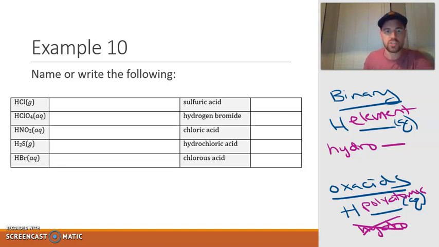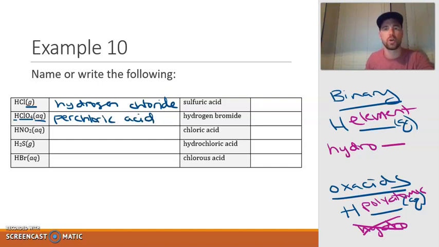Okay. So HCl gas, I notice it's a gas, so this is going to be hydrogen chloride. I'm not going to name it with acid naming rules. HClO4 (aq) has hydrogen, has aqueous, so this is an acid. It's a polyatomic ion. What is ClO4? It's perchlorate, but I'm going to change the ate to ic and then add acid.